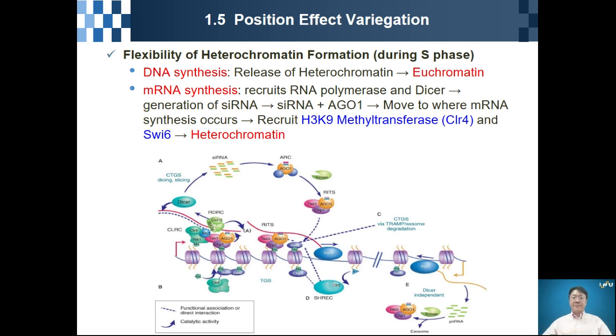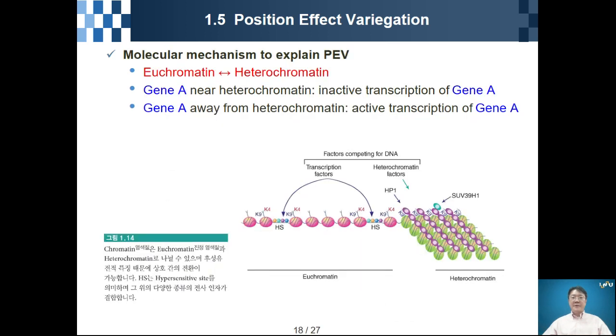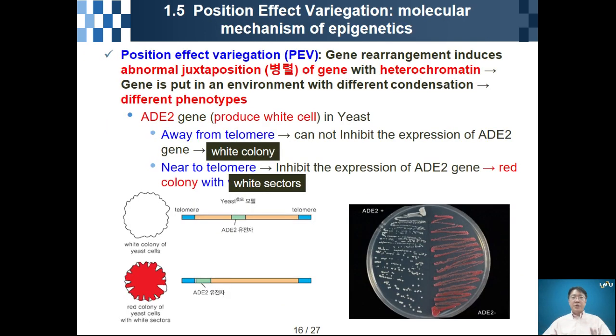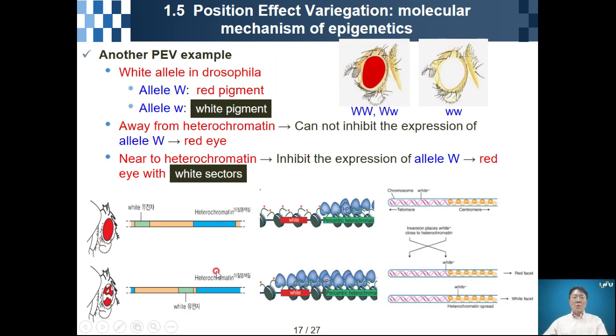Okay. And the very important thing is that PEV happens. Sometimes a gene rearrangement happens, so it can induce the PEV phenotype. So they will show this kind of phenotype, or they will show this kind of phenotype.